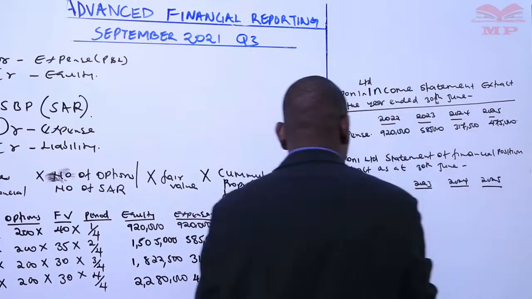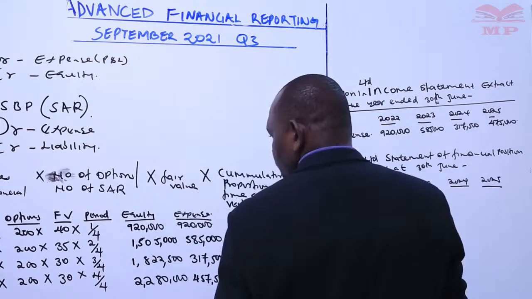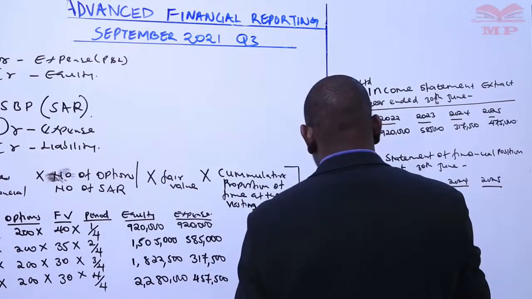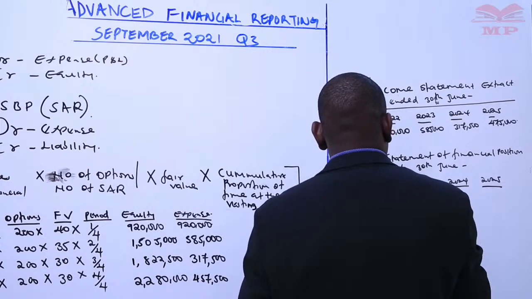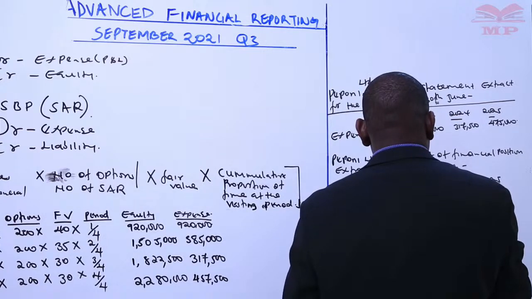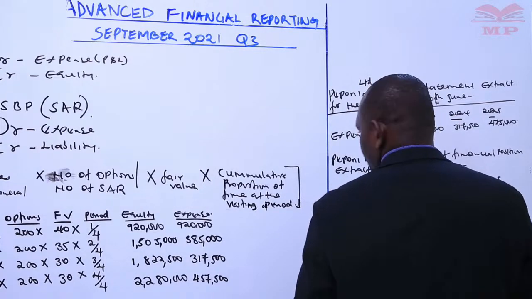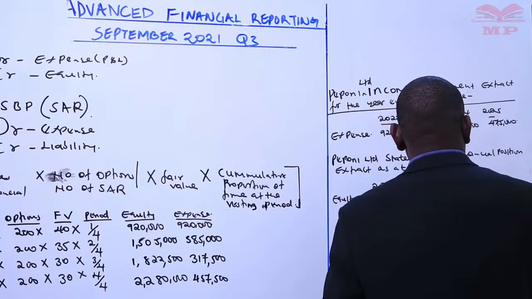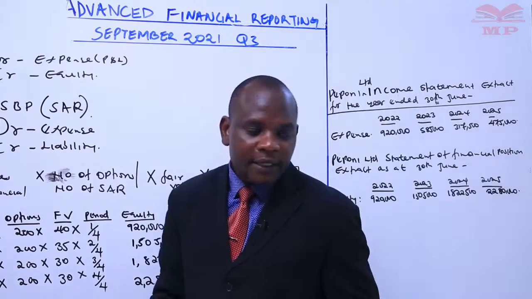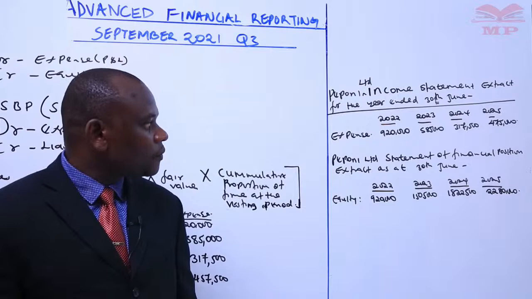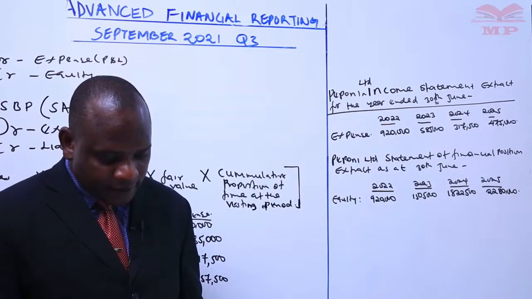So equity, we have 920, 1505, 1822, 500, and 2280. Yes, that is what you are required to do to earn you 8 marks.